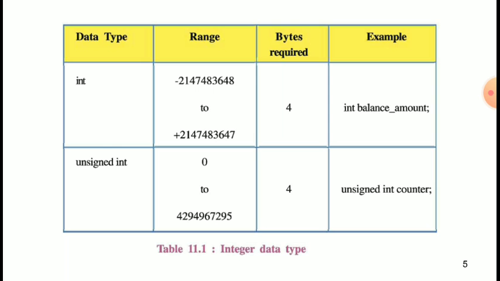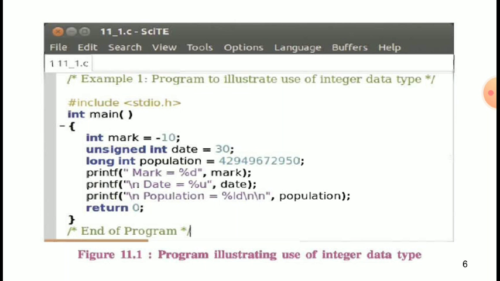Example: int, -2147483648 to +2147483647, bytes required 4, example int balance_amount. Next is unsigned int, 0 to 4294967295, that means only for positive numbers. Bytes required is 4, and example is unsigned int counter.